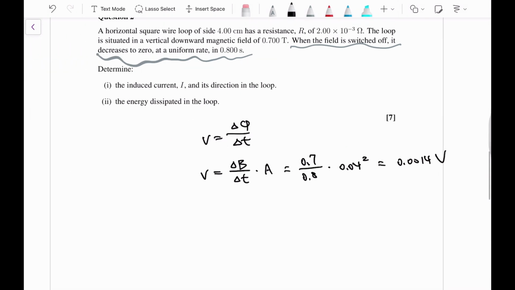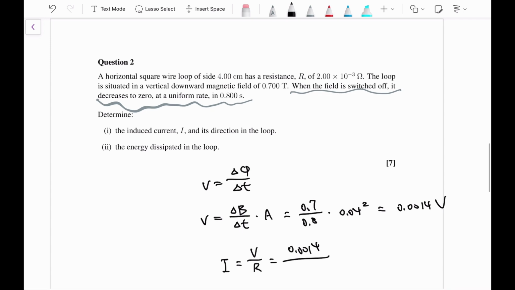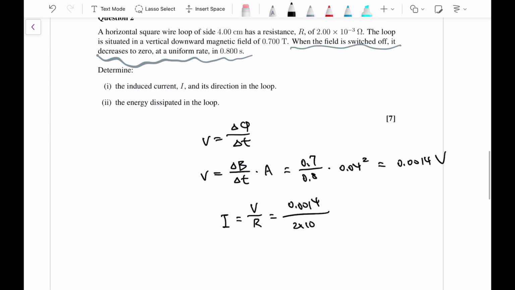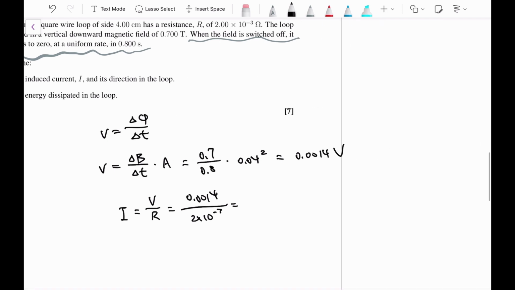And then let's move on. We're given the voltage over here, so the thing we want to calculate is just the current. For current, we know that it's equal to voltage over resistance. Voltage we already calculated, and resistance is given as 2 times 10 to the negative 3, so we can just directly substitute this in and derive a value for the current.